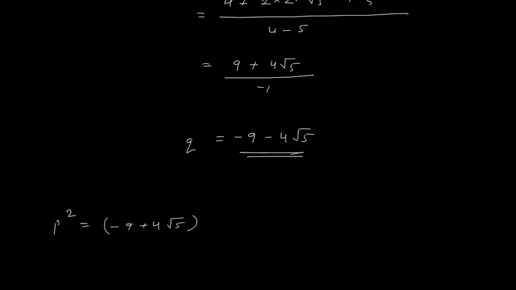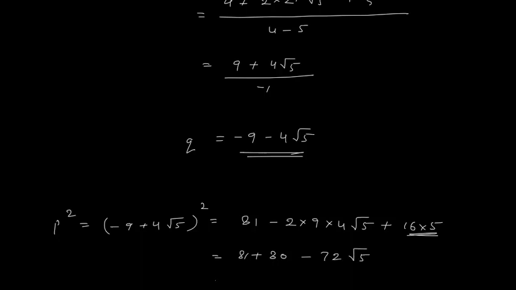the whole square. So this will become 9 9s are 81, where I have one term plus and one negative, so I will use minus 2 into 9 into 4 root 5, and then square of this 4 root 5, 4 4s are 16 into 5. This is the value of P square. So this is 81. I will write this number first. 16 5s are 80, so 81 plus 80 minus, 2 9s are 18, 18 4s are 72, so this is 72 root 5.